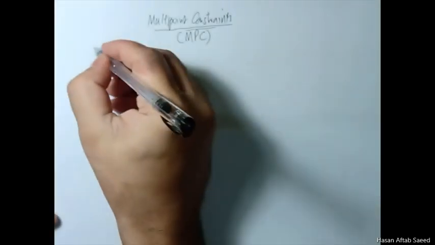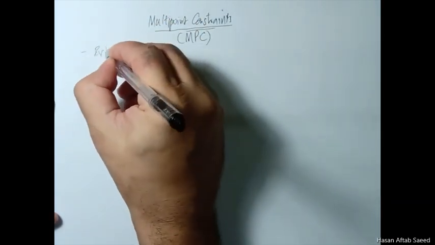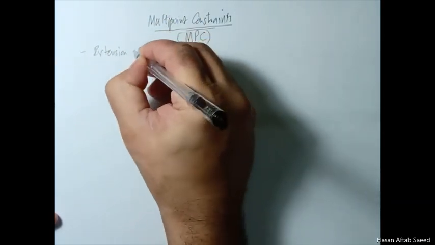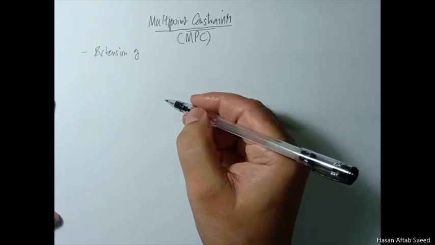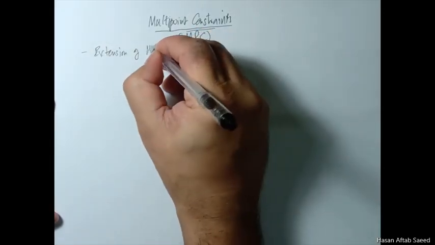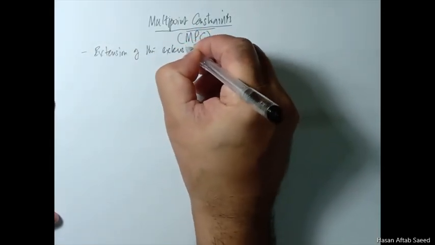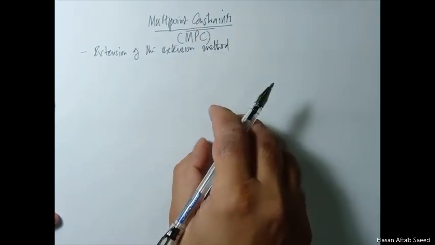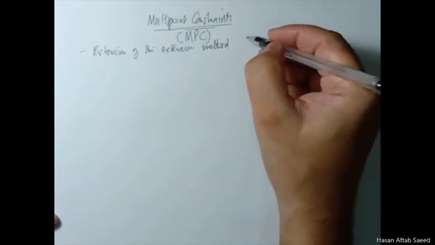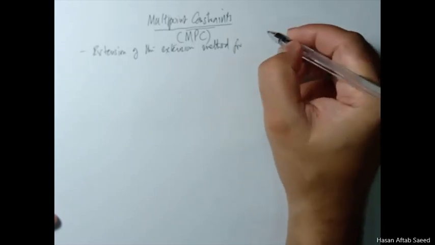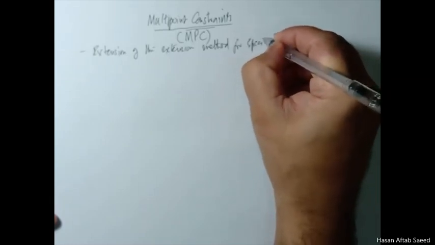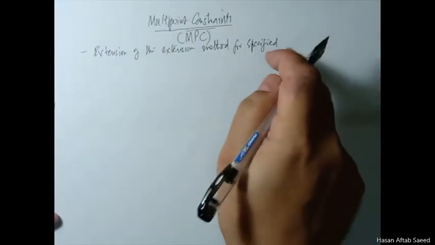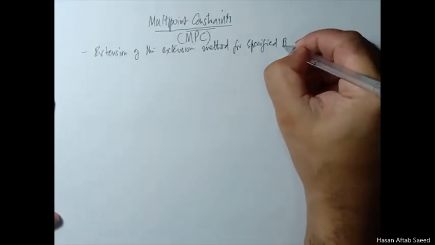This is an extension of the penalty approach that you have already studied in the last lectures. There, the penalty method that we studied was for specified boundary conditions. I'll come to this word specified.